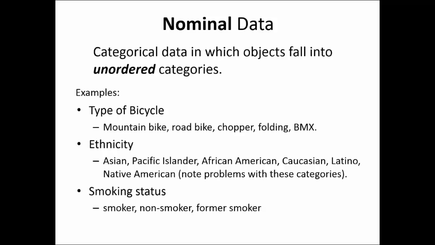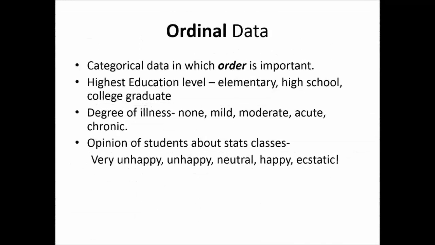So that's considered nominal data. If order is important, such as the highest level of education or degree of illness, then it's considered ordinal data. So our test may be different for ordinal data versus nominal data.